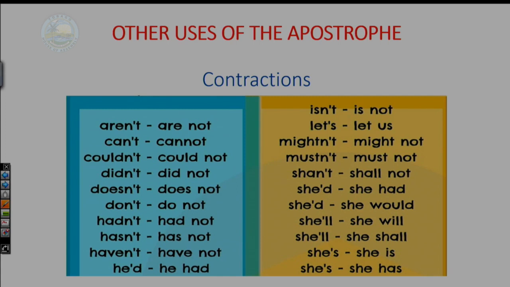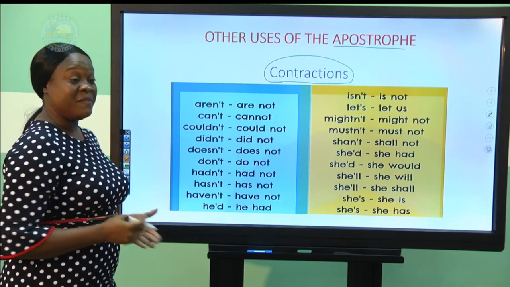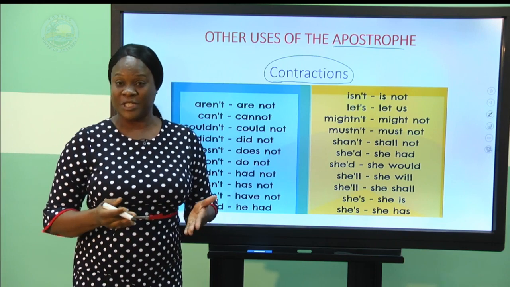This signboard is saying that there are other uses of the apostrophe. And the apostrophe is not only used to show ownership, but it is also used for, what is this word? It is also used for contractions. Yes, apostrophe marks are used for contractions.